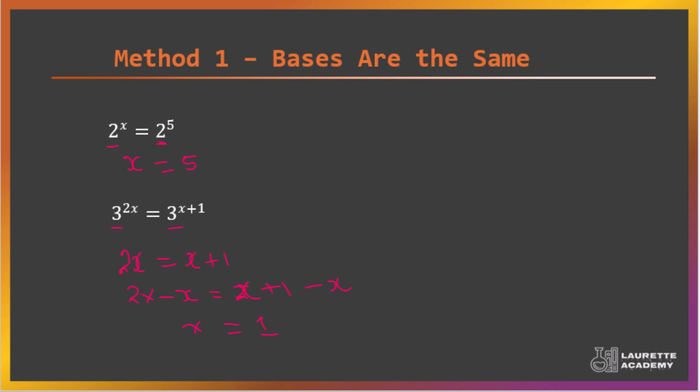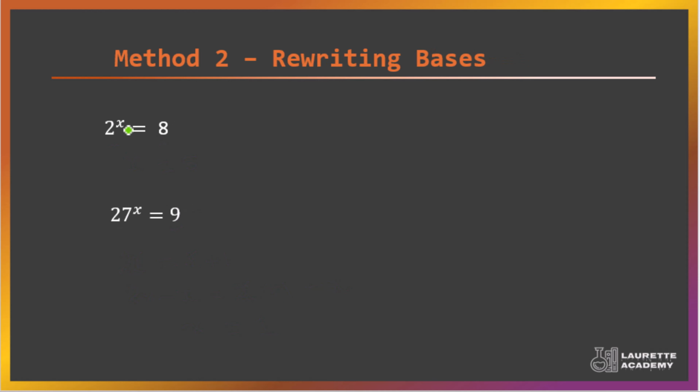So, let's look at this other method. Here, we have the base 2 here and 8 here. We need to rewrite the bases. We need to rewrite 8 in a way that it has a base of 2, because we know 8 is the same as 2 times 2 times 2, which is equal to 2 to the power 3.